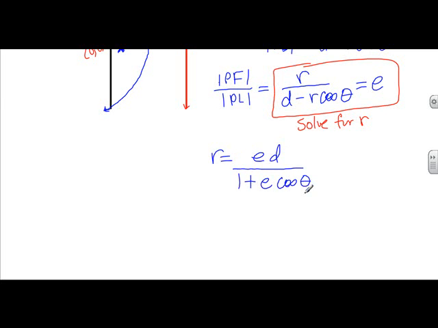You need to make sure that you can do that math, but this is the polar form for the equation of a parabola with a focus at 0, 0 and a directrix at x equals positive d.